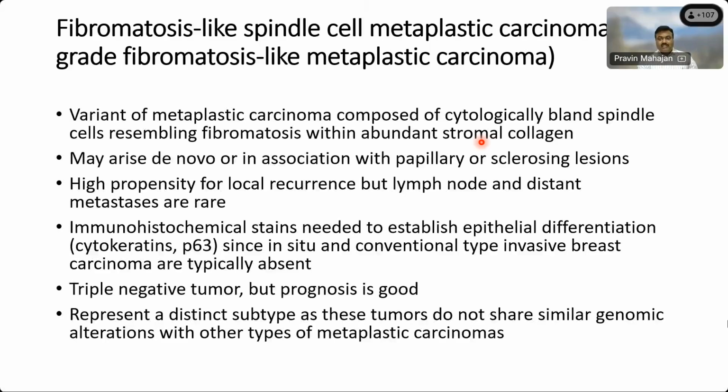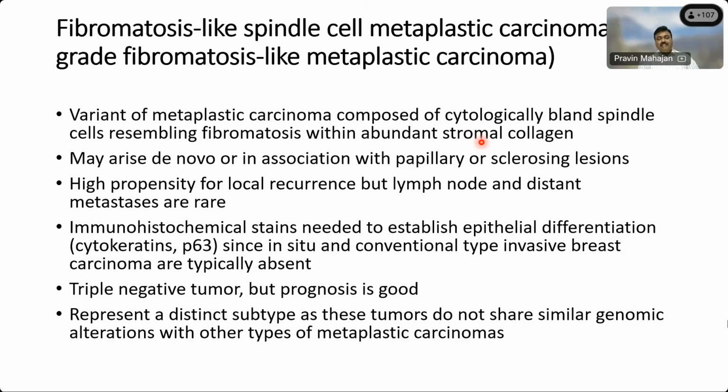Okay. So just to give you something, I just said it is a metaplastic carcinoma having very bland looking cells which resemble fibromatosis, like somebody gave that differential, and that student was absolutely right. They resemble fibromatosis because they have abundant stromal collagen.